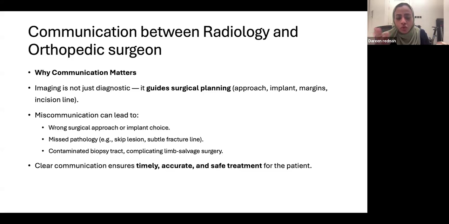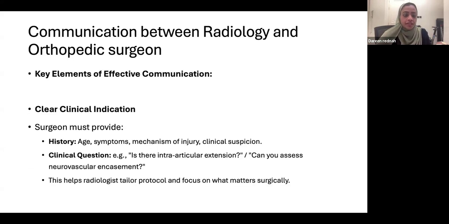It contaminates the whole surgical field. It will need plastic surgery to do a flap. It will destroy the surgery. Miscommunication just by not talking about the biopsy tract. Clear communication ensures timely, accurate, and safe treatment of the patient. Okay.